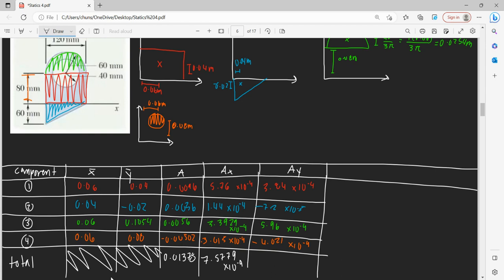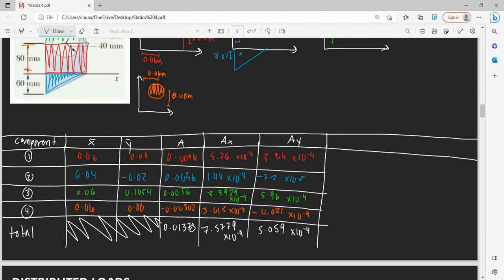And lastly, for our y, so minus 7.2 times 10 to the negative 5, plus 5.96 times 10 to the negative 4, and minus 4.021 times 10 to the negative 4. And this is 5.059 times 10 to the negative 4.